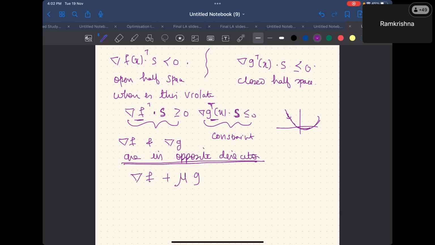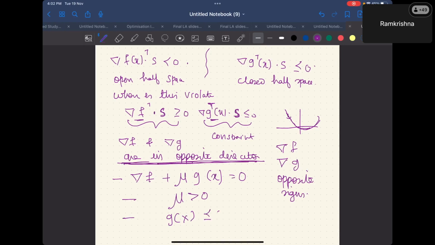Mathematically, I can write this as gradient of f plus mu times gradient of g equal to 0, with mu being strictly greater than 0, because they should be in opposite directions. At the optimal, this is 1, this is 2, and then I have the third condition, g of x less than or equal to 0.